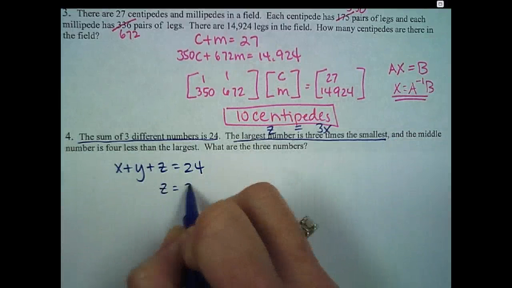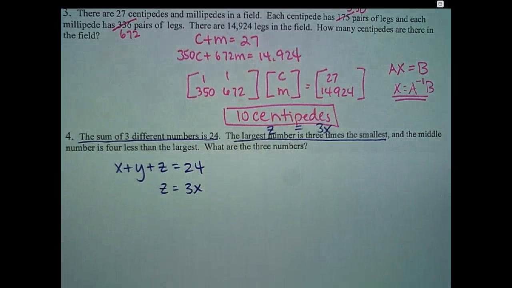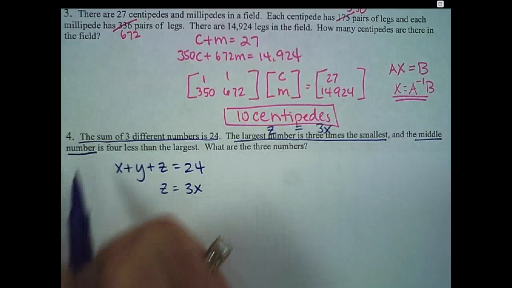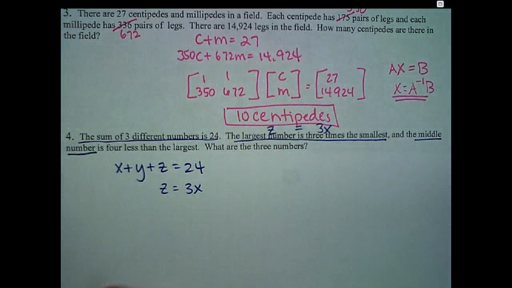Now, some of you may be saying, wait a minute, that doesn't give me any information about y. Yes, it does. The coefficient of y in that equation is 0. That's okay, right? So now let's go to the last piece of data. It says the middle number, which we're going to call what?